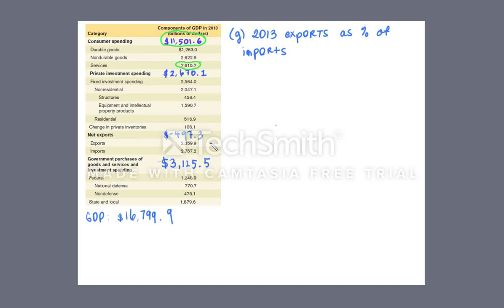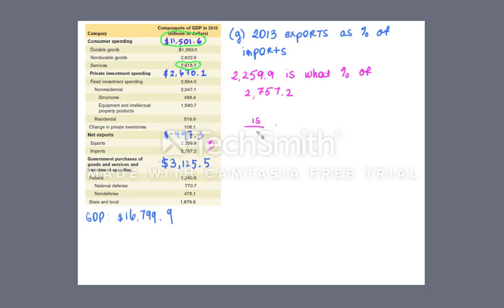2,757.2. Again, for those of you who would like me to go through it, we can set up this formula: is over of equals a percent over 100. In this case, my is number is 2,259.9. My of number, the number closest to the word of, is 2,757.2.